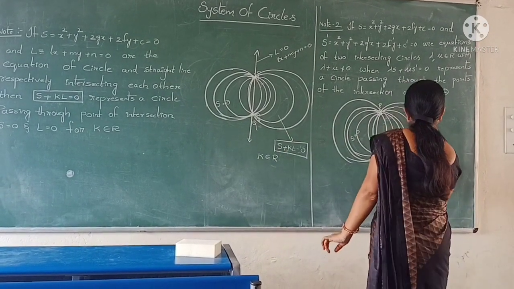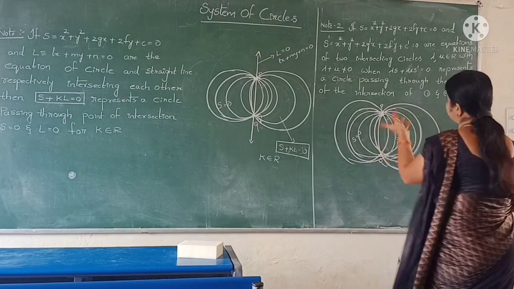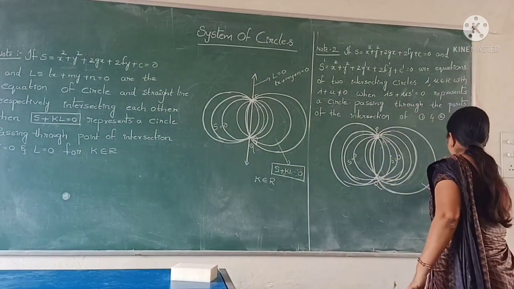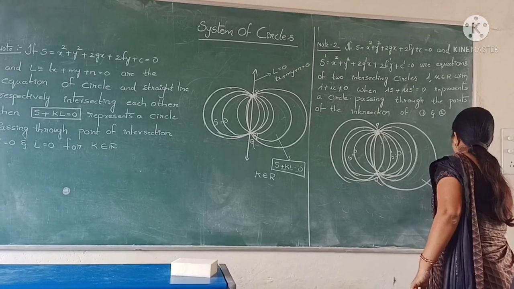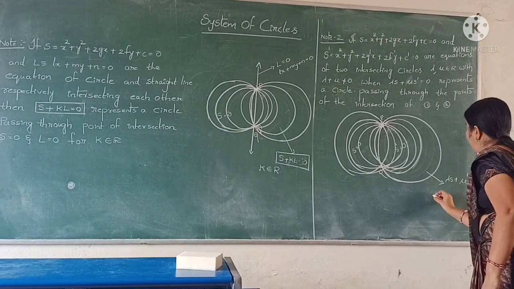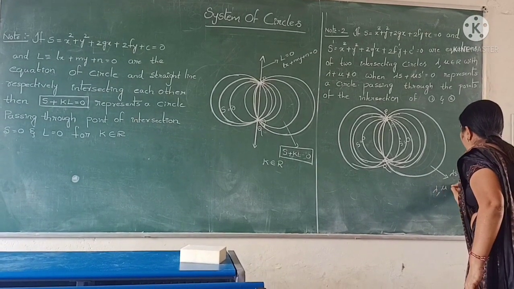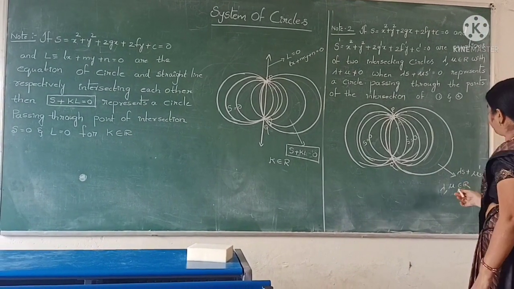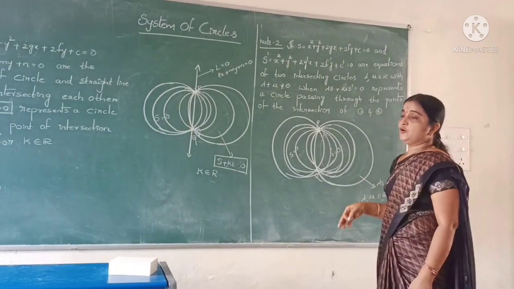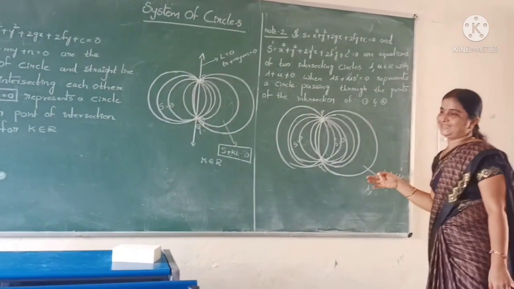These circles' equations are in the form of lambda S plus mu S dash equals 0. Here lambda, mu belong to R, that is, lambda value and mu value are any real numbers. We get new circles.